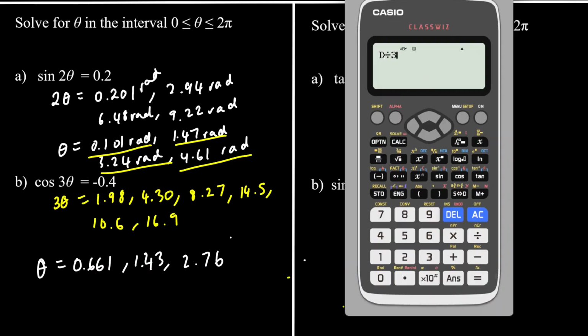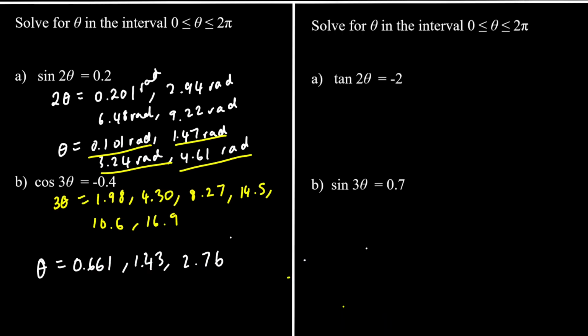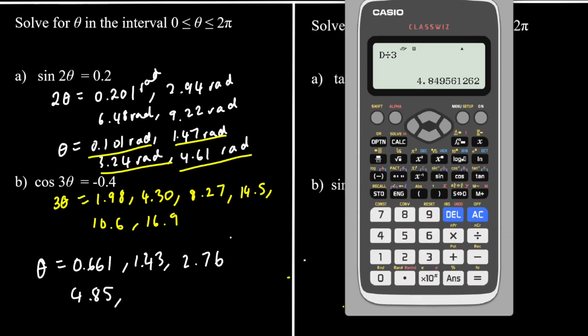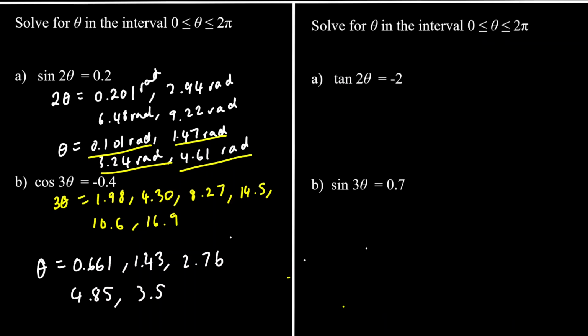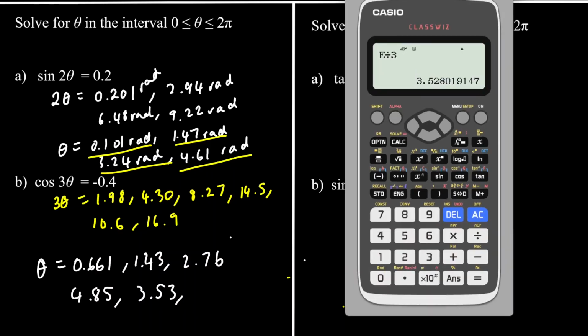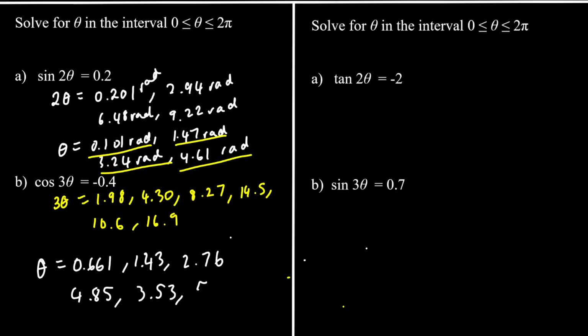D over 3, 4.85. E over 3, 3.53. And finally, F over 3, 5.62. All in radians.